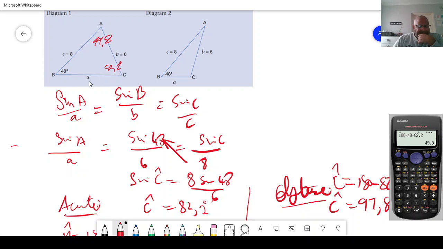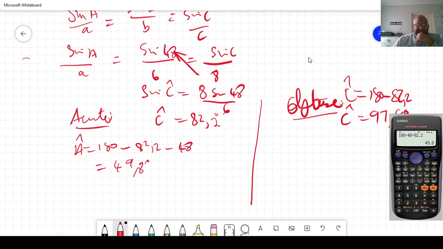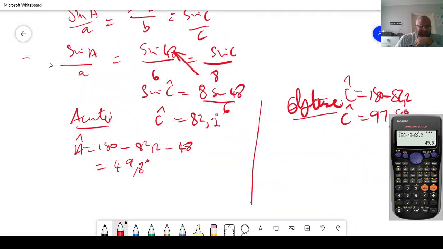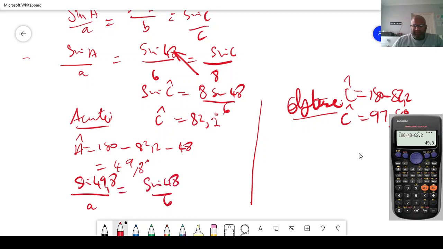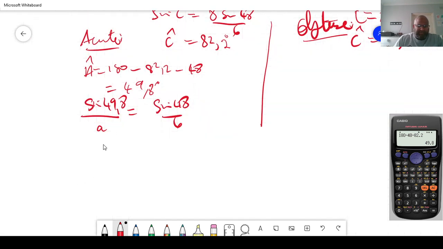In pursuit of calculating a, I'm going to go with sine A over a, so it's going to be this one here and that only. So sine of 49.8 over a, which is what you want to calculate, is equal to sine 48 over 6. I cross multiply, so I take that up and that down and that up. Otherwise you can cross multiply and then divide afterwards, that's no problem.